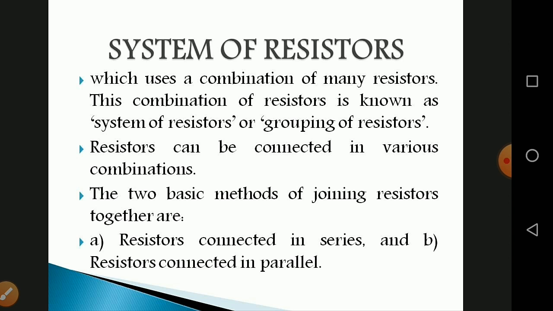The resistors can be connected in various combinations. The two basic methods of joining resistors together are: resistors connected in series, or resistors connected in parallel. In the following sections, you shall compute the effective resistance when many resistors having different resistance values are connected in series and in parallel.